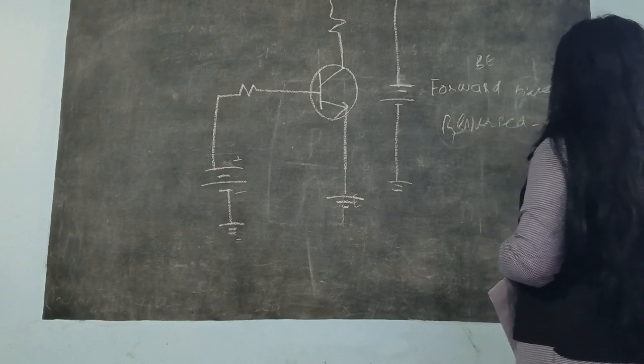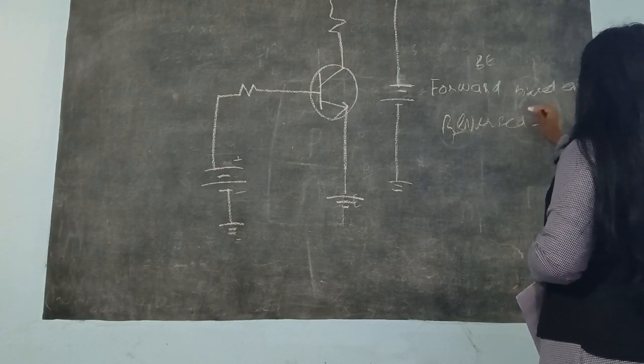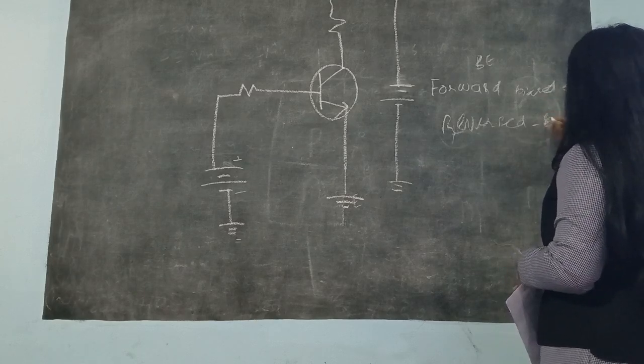That is, the emitter is forward biased and the collector is reverse biased.